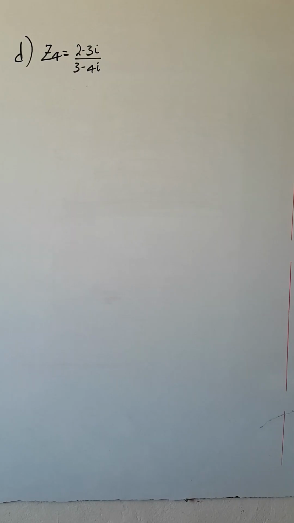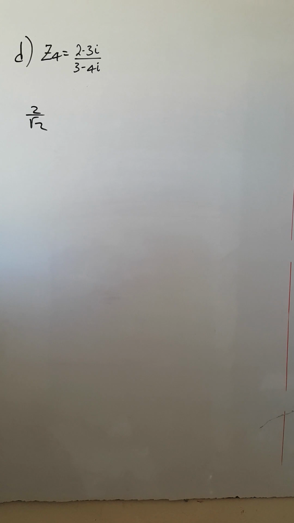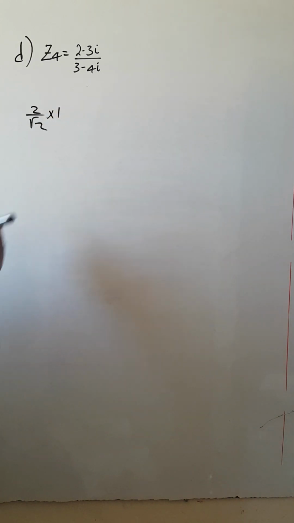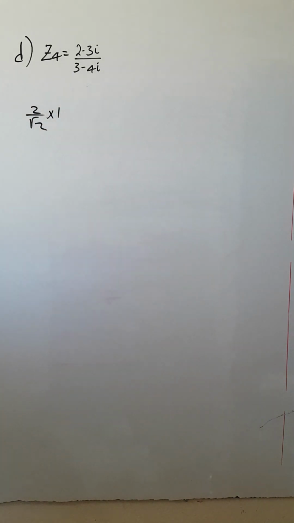In real numbers, if the denominator is something irrational, we have to go through the process of rationalization. Like if we have 2 over root 2, this is irrational, so we multiply this by 1, which is able to pull out the square root.